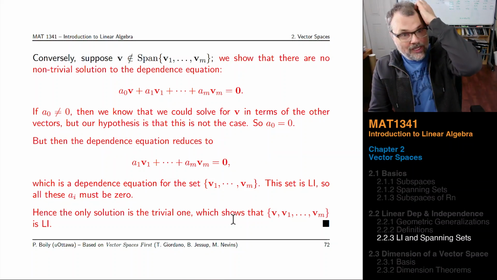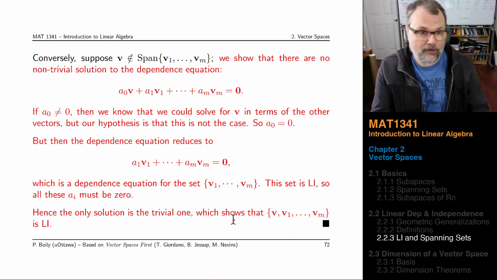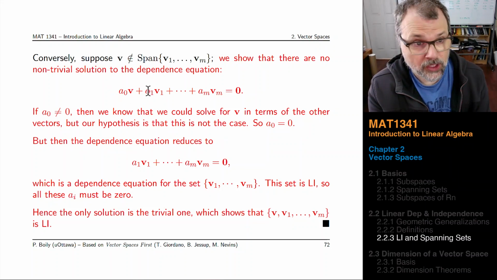If a0 is not equal to 0, then you could solve for v in terms of the other ones, right? You look at the dependence equation here, you send all of the other terms to the other side, and then you divide by a0. So all of this would be possible.